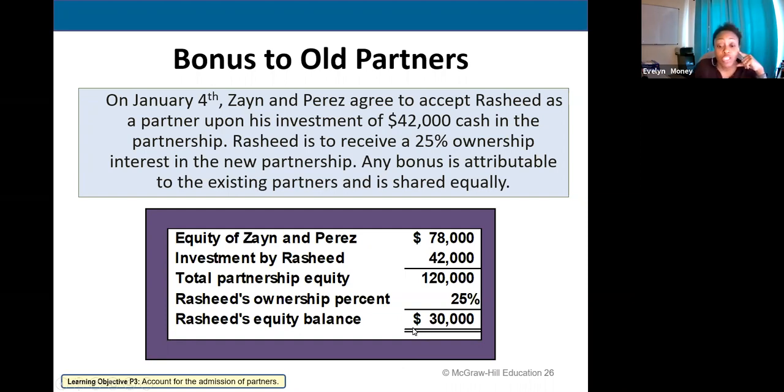In this situation, Rashid is paying a bonus to the old partners in the amount of $12,000, that difference between what Rashid brought in and Rashid's equity balance. So clearly, Zain and Perez's business value is not reflected in this $78,000 or in this $120,000. Their business is worth more, so they are making Rashid give them more money for a lower investment.